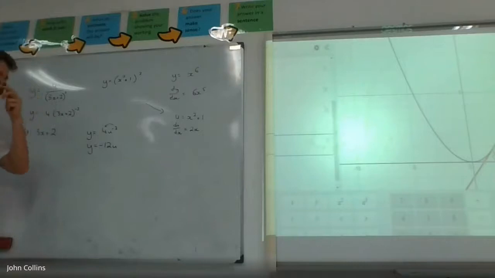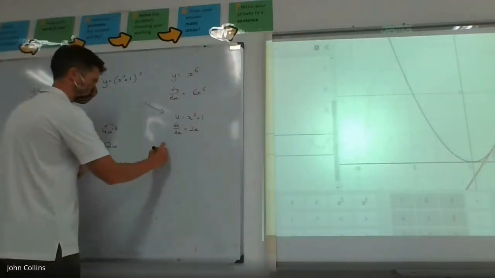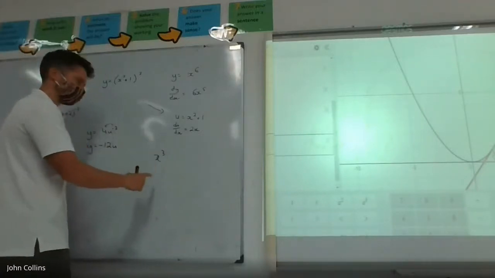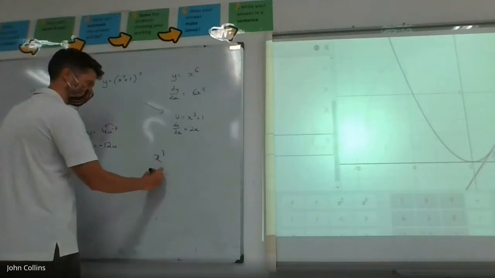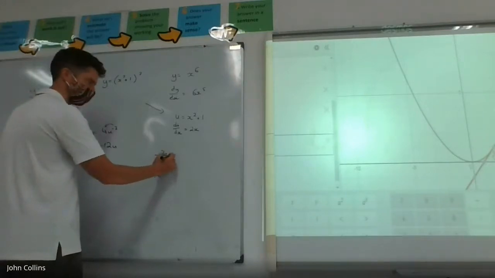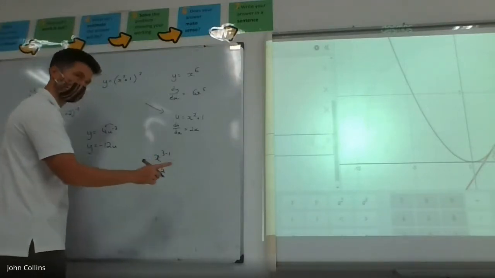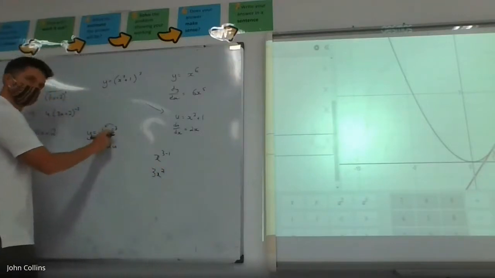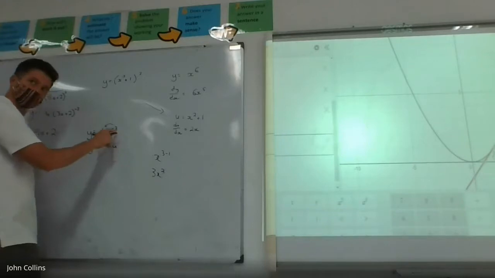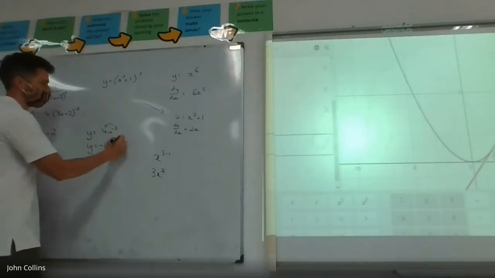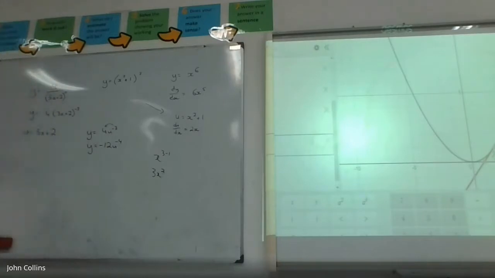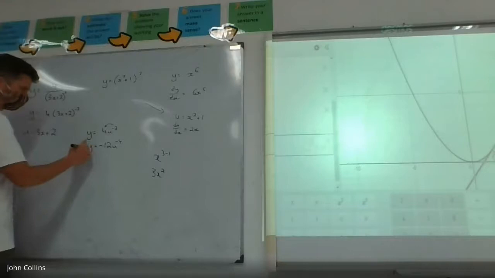Remember, if I have x to the 3, what's the derivative of that? 3x, take away 1, 2. Slow it down. Multiply down by -3. Take away 1 from the power. -4. Okay, that one's done. Sorry, that's dy du.